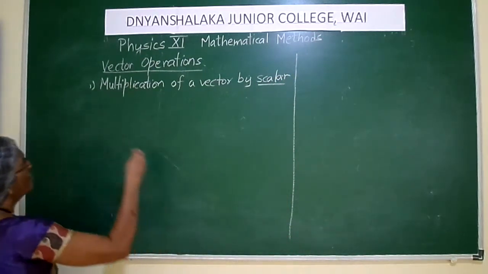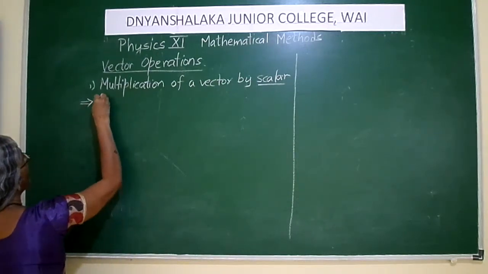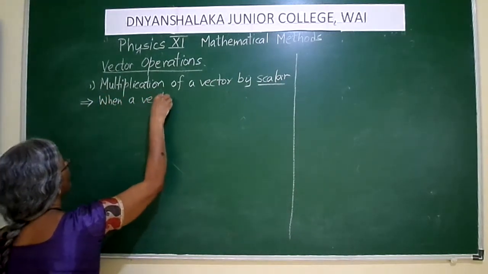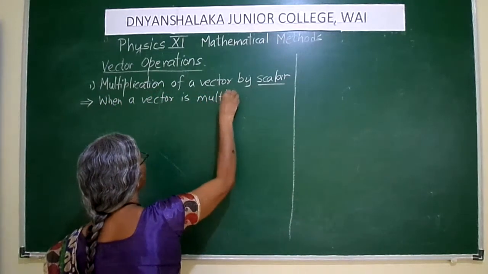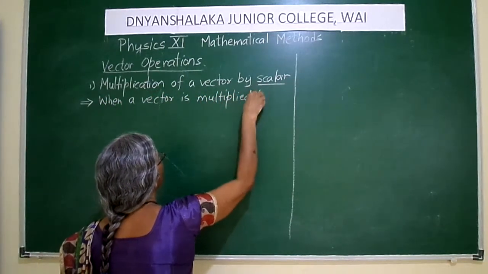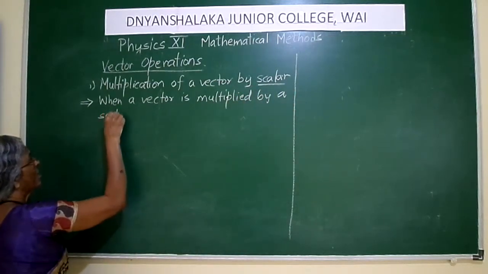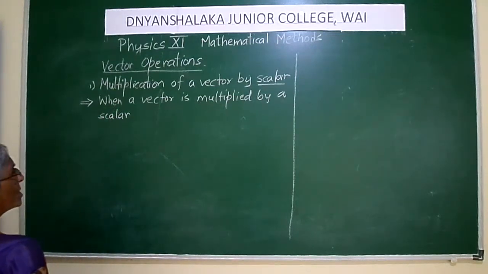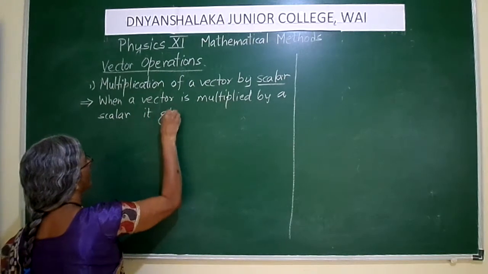Now you have to remember, when a vector is multiplied by a scalar, scalar means a quantity which has only magnitude. So when a vector is multiplied by a scalar, it gives a vector.